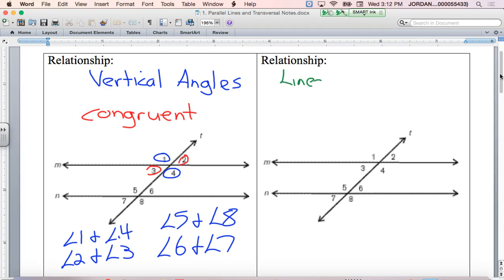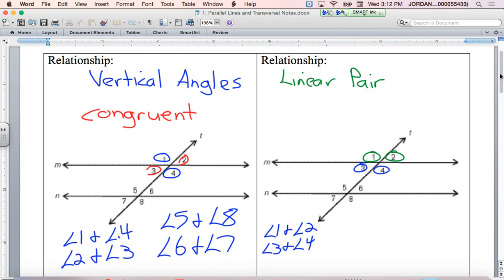a linear pair. All right, so right here you've got at the top intersection, angle 1 and angle 2 form a linear pair. And also angle 3 and angle 4 form a linear pair. So we can list those right here, angle 1 and angle 2, angle 3 and angle 4.